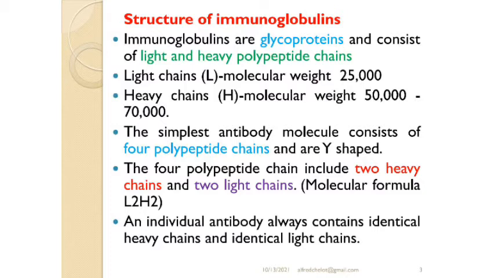The simplest antibody molecule consists of 4 polypeptide chains and appears Y-shaped. Out of the 4 polypeptide chains, 2 are heavy chains and 2 are light chains, giving a molecular formula of L2H2. An individual antibody will always contain identical heavy chains and identical light chains.